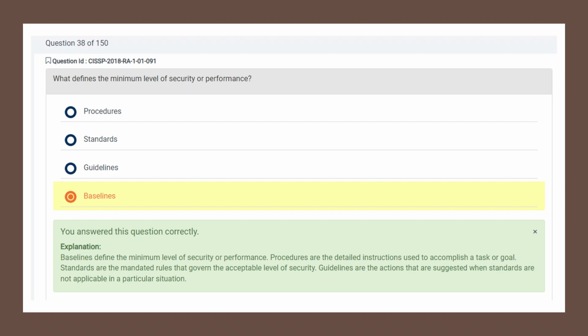Procedures are the detailed instructions used to accomplish a task or goal. Standards are the mandated rules that govern the acceptable level of security. Guidelines are the actions that are suggested when standards are not applicable in a particular situation.